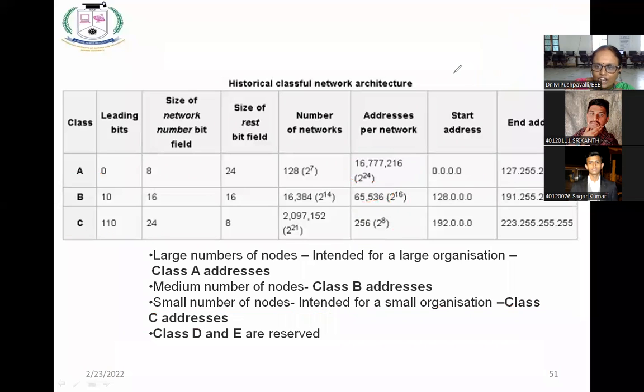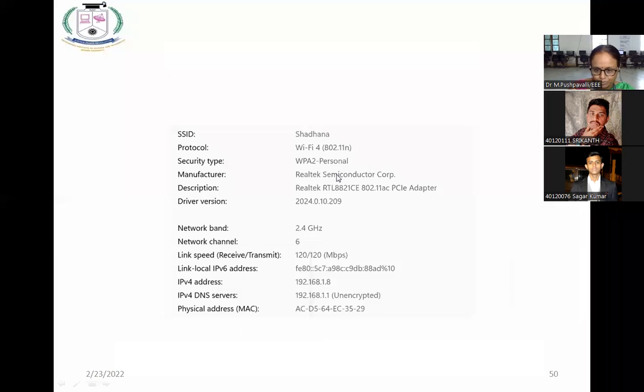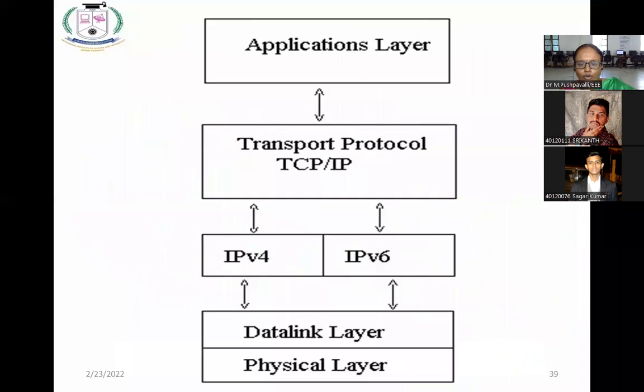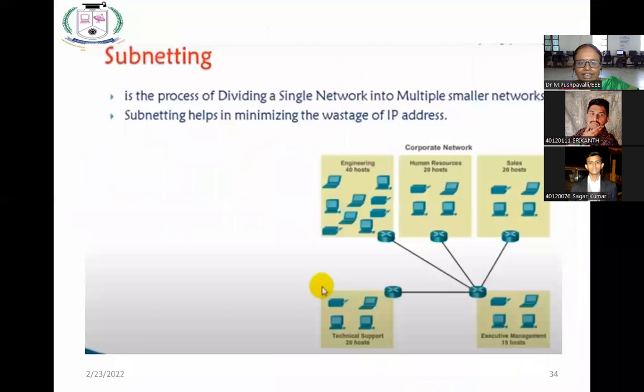Similarly, when I'm going for this kind of thing, I can go with subnetting. I think that is why I'm explaining previously, you have to understand where subnetting is used. Okay, take a small organization. They need 40 for engineering, human resources 20, sales 20, and another for technical and executive management.